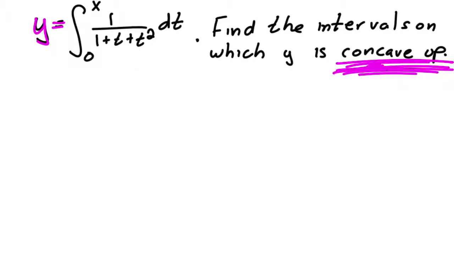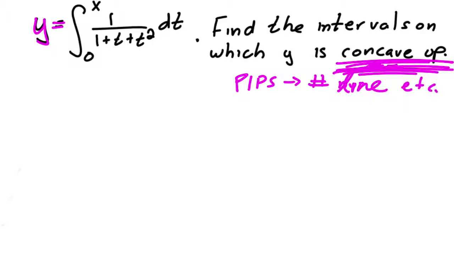And so to find where it's concave up, you just follow the normal rules you would otherwise. You would find your pips, and then you do your number line thing. And so on. So you know what to do.